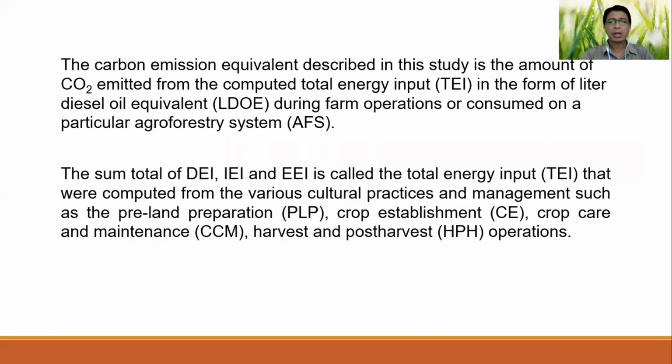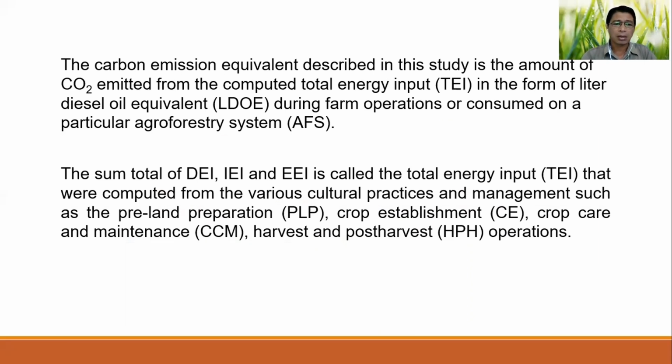The carbon emission equivalents described in this study is the amount of carbon dioxide emitted from the computed total energy input in the form of liter diesel oil equivalent during farm operations or consumed on a particular agroforestry system.